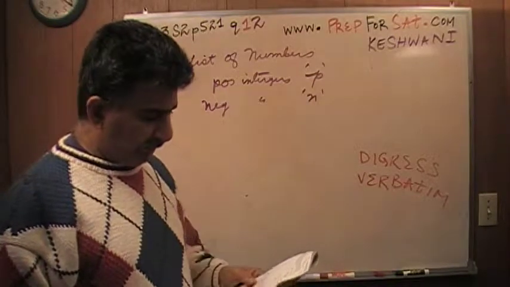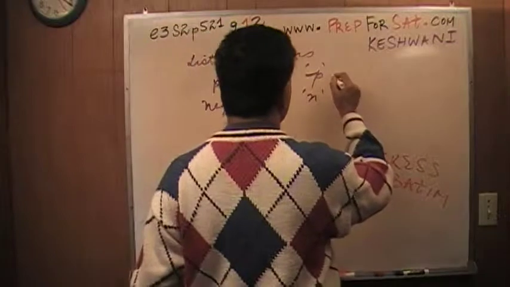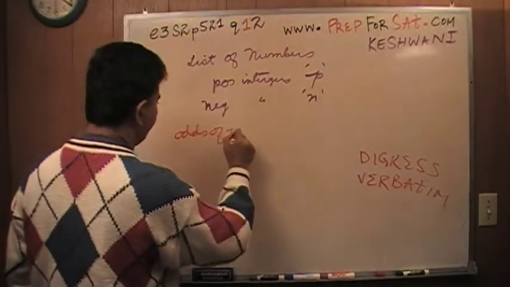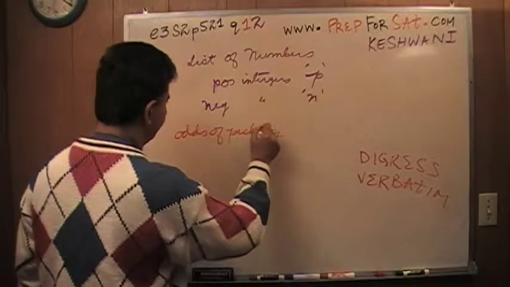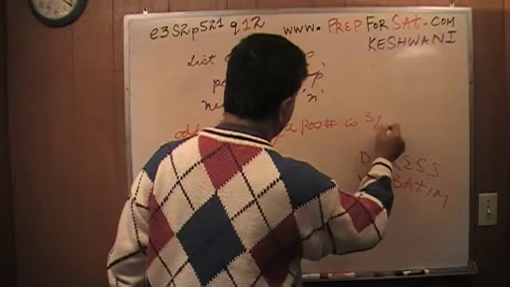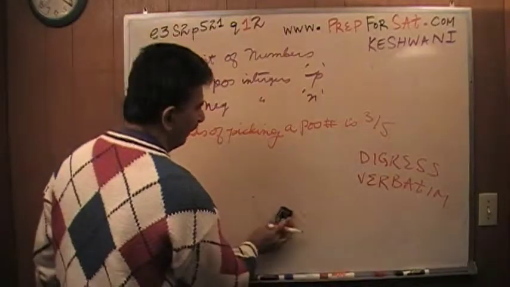The odds of picking a positive number is 3/5. Let me write here. The odds of picking a positive number is 3/5. I'm going to erase this now.